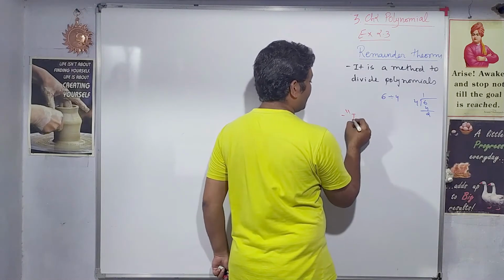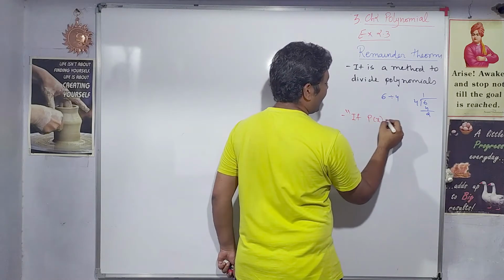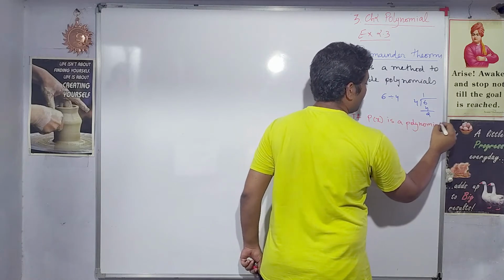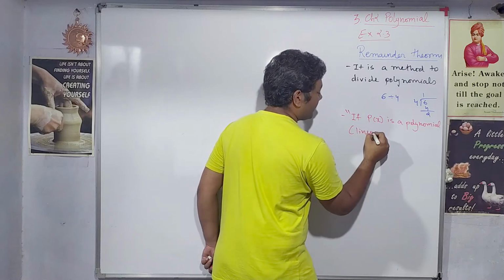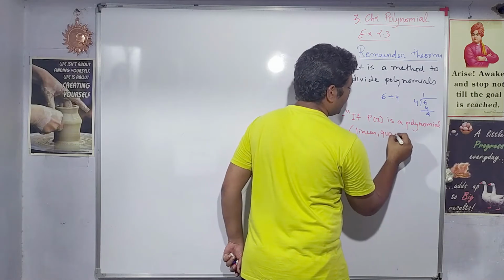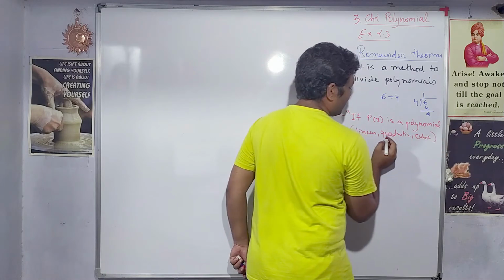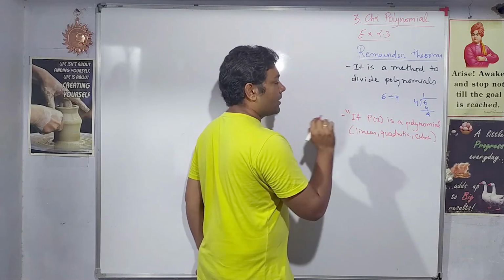It states that if p of x is a polynomial, it can be any polynomial, right? It can be either linear, it can be quadratic, it can be also cubic. We have in our syllabus linear and quadratic. Cubic we don't study.